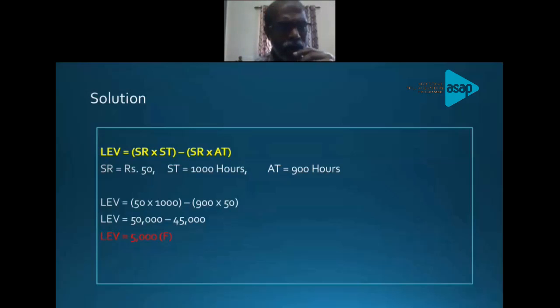Efficiency is always computed on the basis of the standard time given for completing a particular job and the actual time within which it is being completed. Here we have given 1000 hours for completing the job, but in reality, the same job is completed within 900 hours.